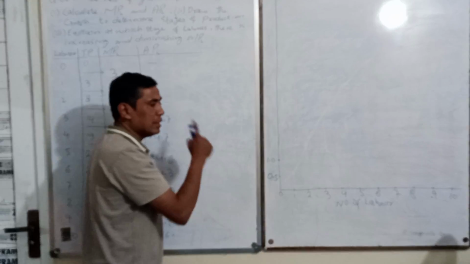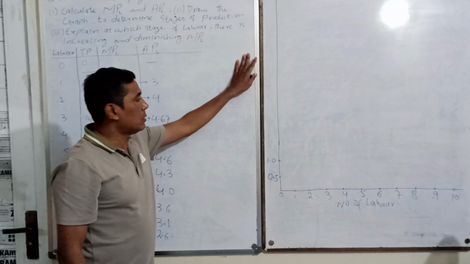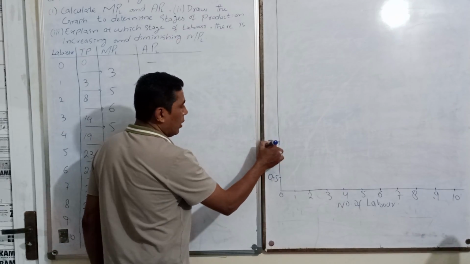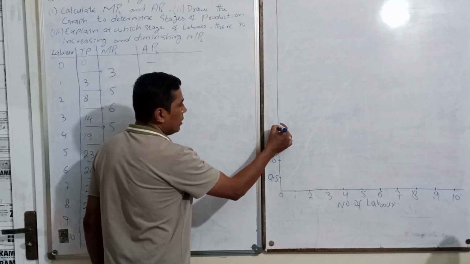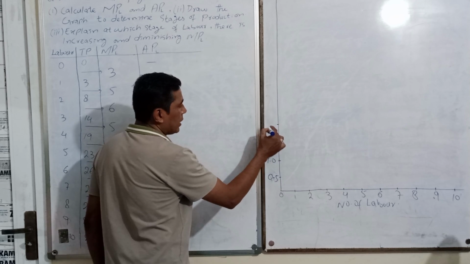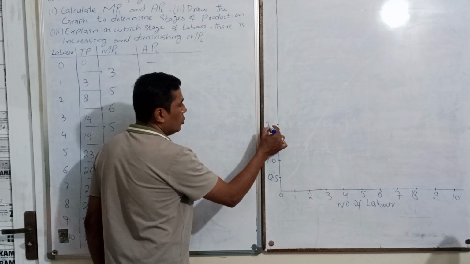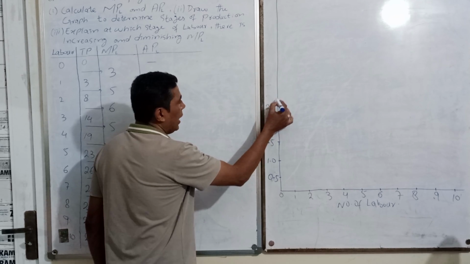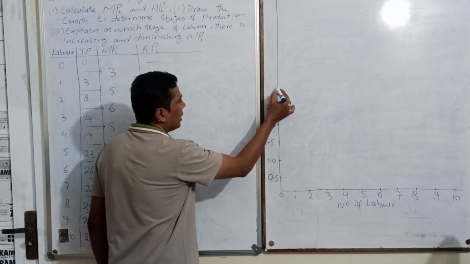Again the same practice which we did for the total product curve. Similarly, that will be 1.5. Again, it is 2.0. Again, 2.5. And this one is 3.